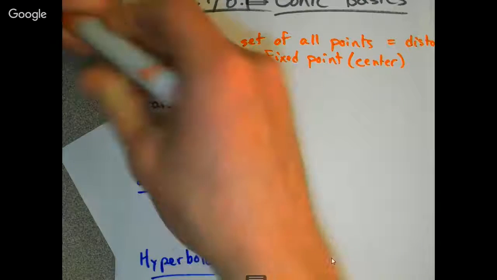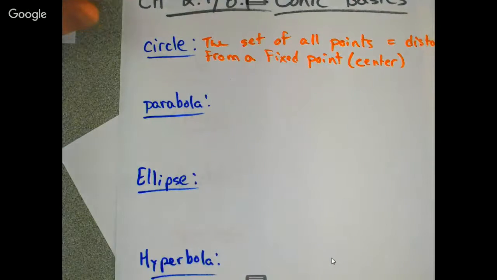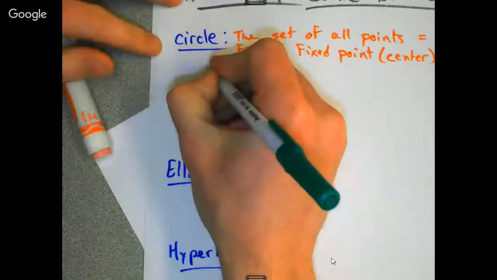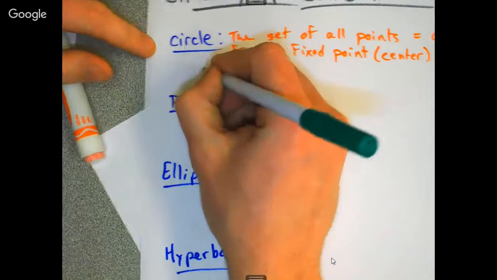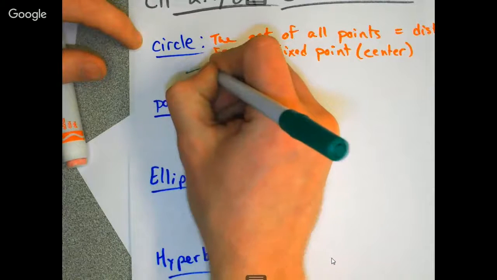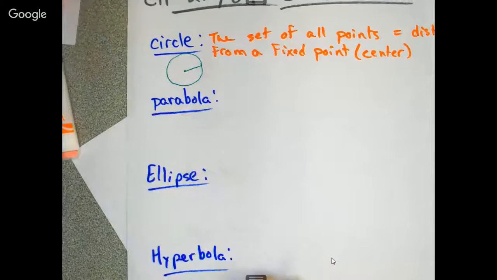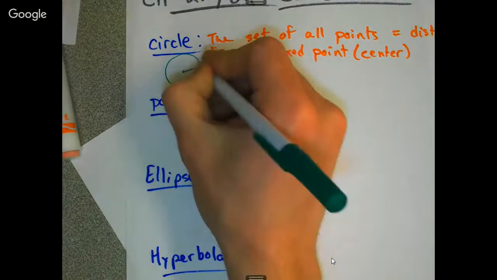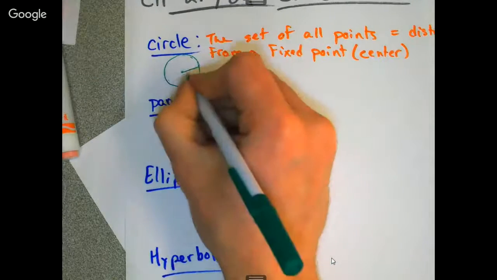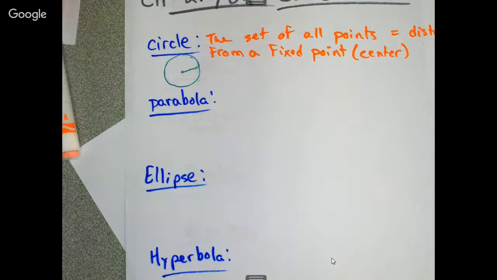Okay, so graphically here, if I have a fixed point right here, and let's say I take a string and go a fixed distance and swing that all the way around, that would create a circle, because each one of these points on this circle is that fixed distance away from that one point.